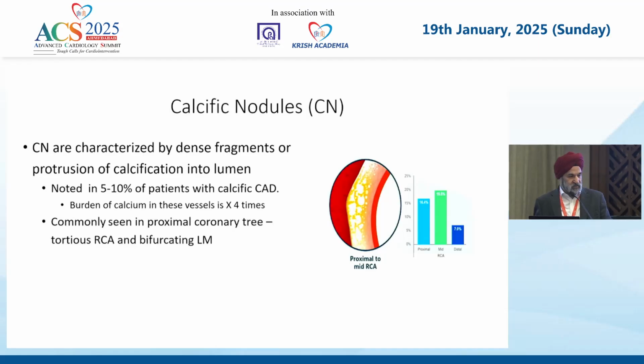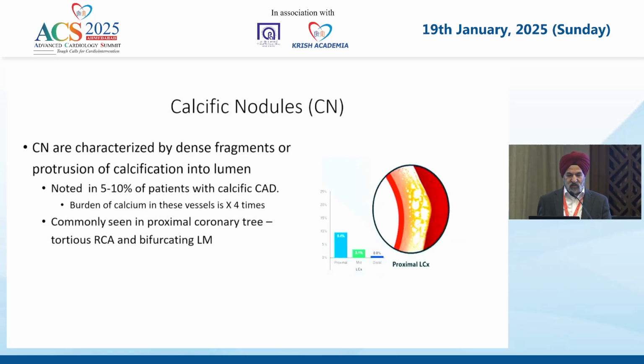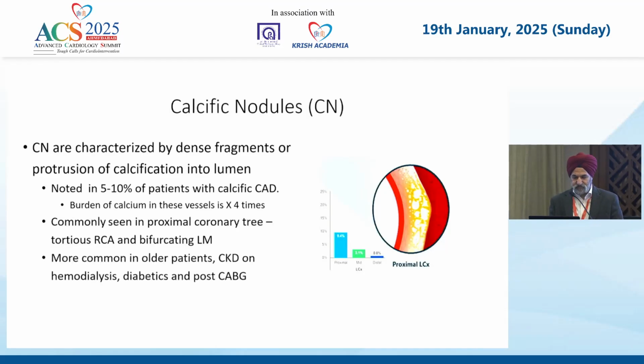That means, as you can see on the slide, the proximal or mid part of the RCA, the proximal LAD, as well as the proximal circumflex. Why this part? Because this is the portion where you have a larger necrotic core, and a big gap between the intima and the media. So more plaque buildup can happen in these areas.